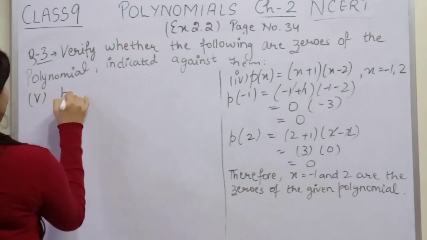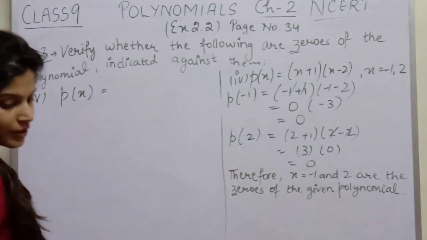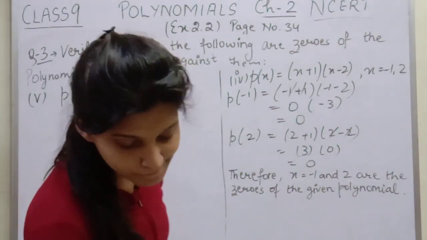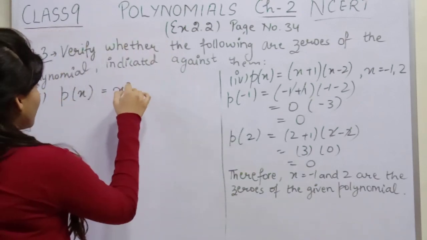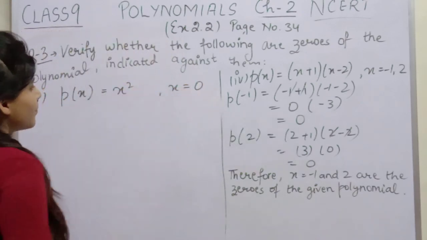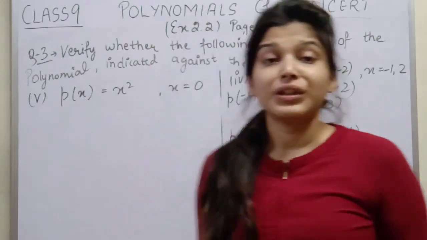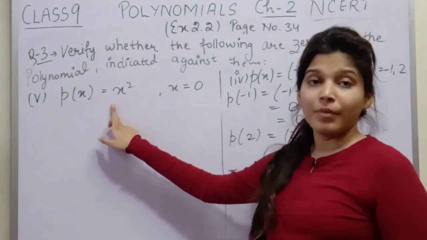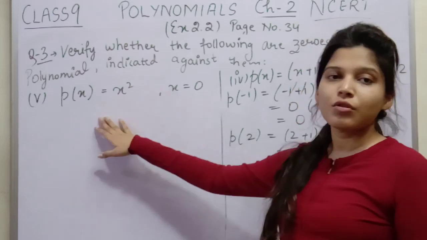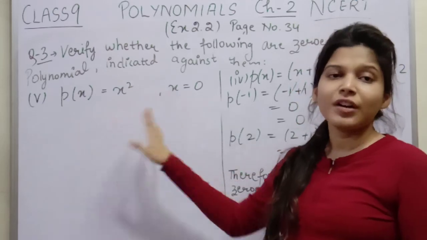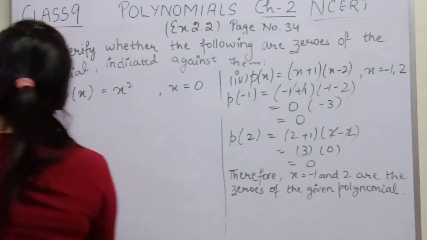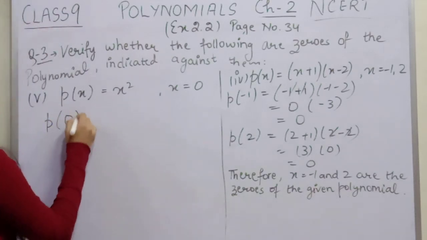So the 5th part says p(x) equals x square, where x equals 0. Now we have to check whether this 0 is the 0 of the polynomial x square or not. So for that हमें x की value put करनी पड़ेगी 0, right?